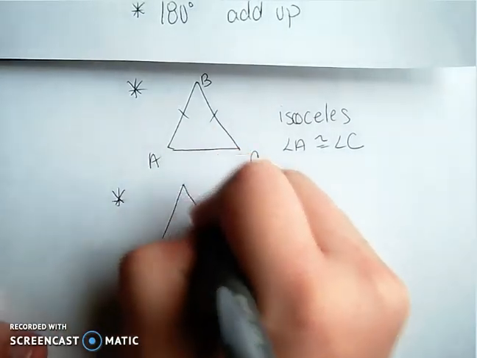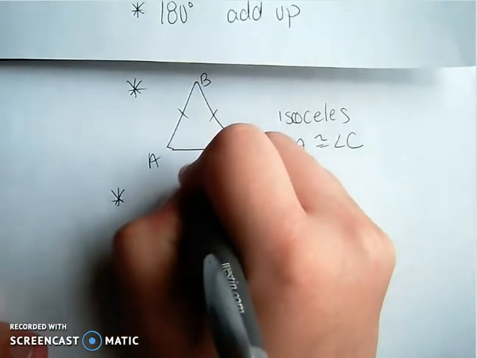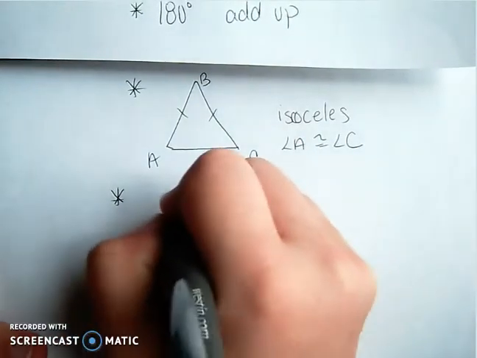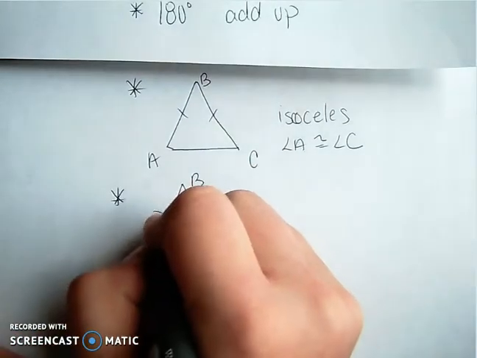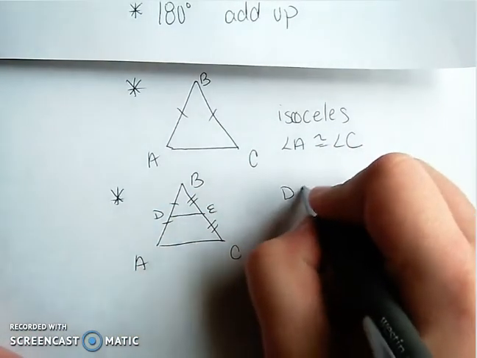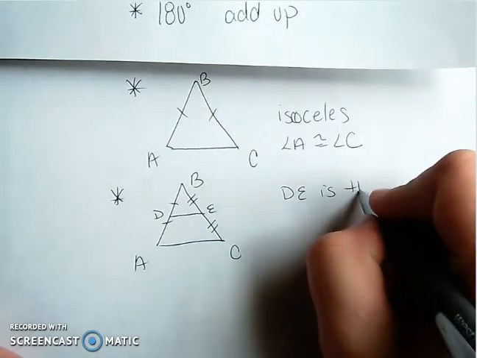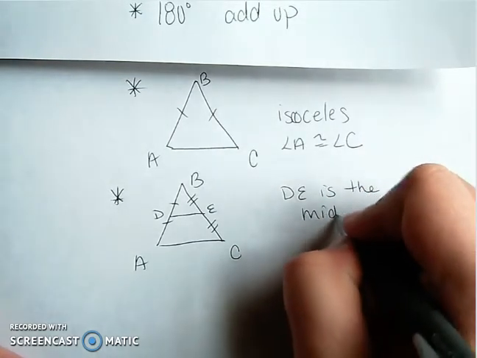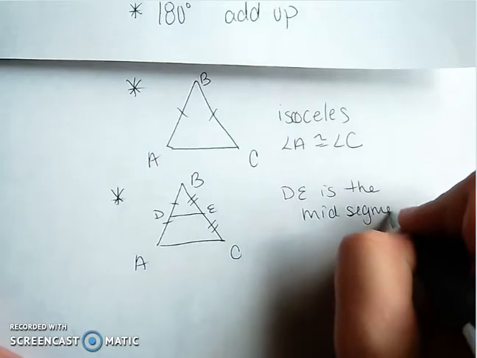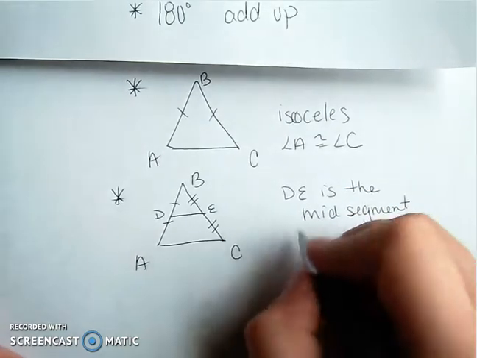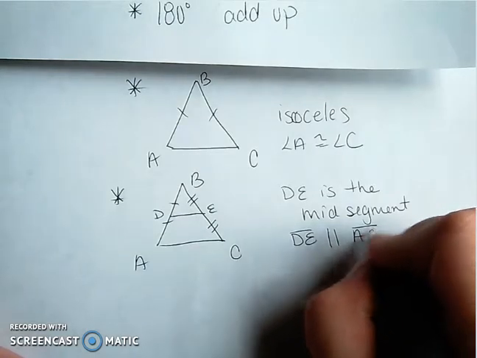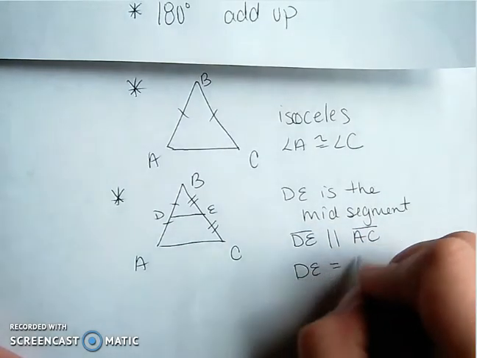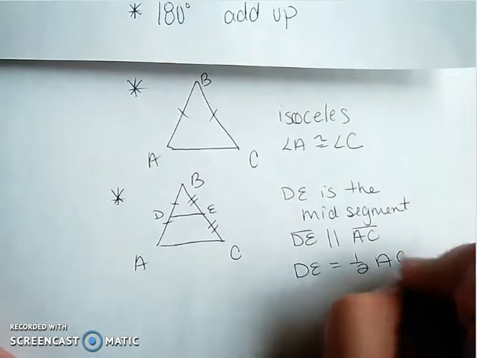You should know what this line segment is called, DE. DE is the mid segment, and its wonderful relationship is that DE is parallel to AC, and DE's measurement is 1/2 of AC.